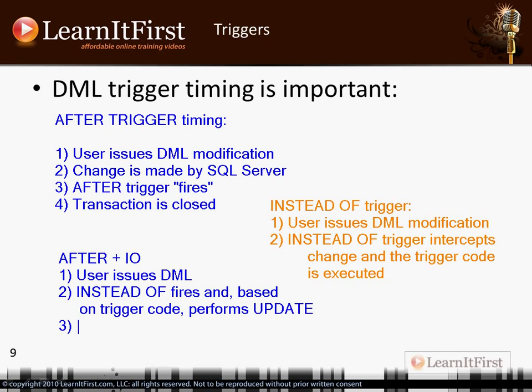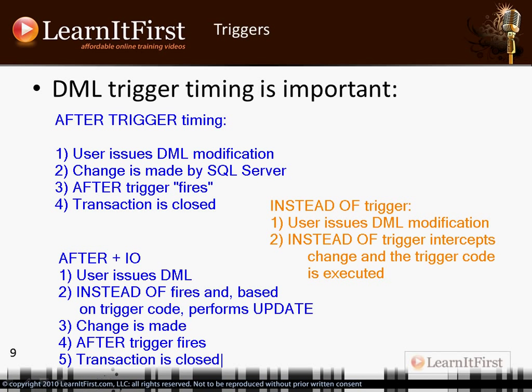Now, the change is made. The trigger code of the instead of trigger performs an update, that change is made, then the after trigger fires, and then the transaction is closed. This would actually be very common, so you can have both.